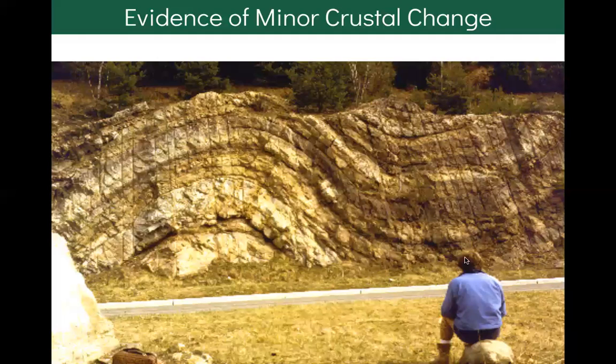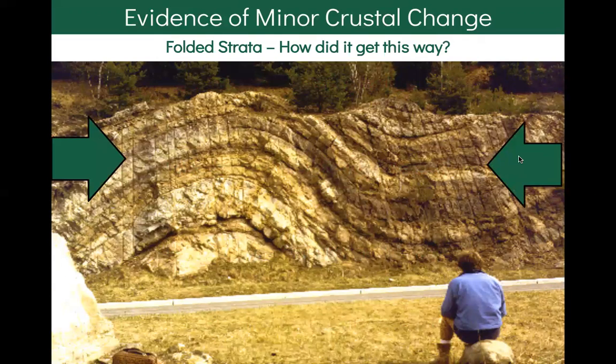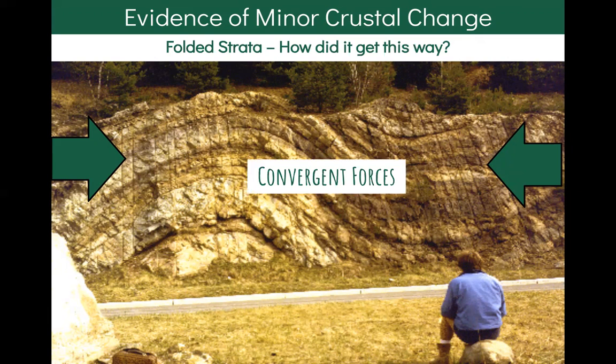This is another example of evidence of minor crustal change. You can see the young Mr. Reba sitting here looking at the rock strata. In this case, we notice that the rock strata has been folded. How does it get that way? Making it fold is like taking a piece of paper and squeezing both ends. You're going to crumple it up. So this would be an example of convergent forces.